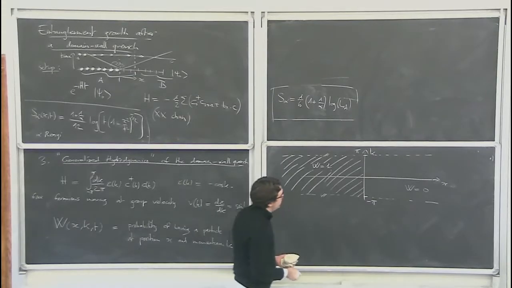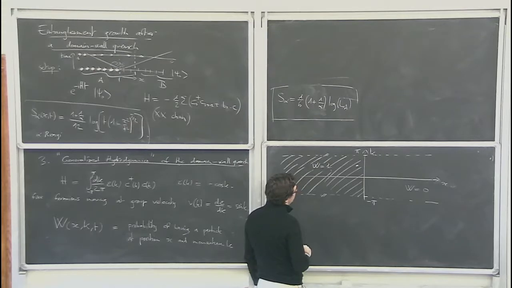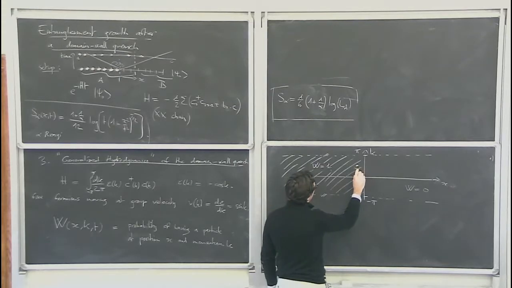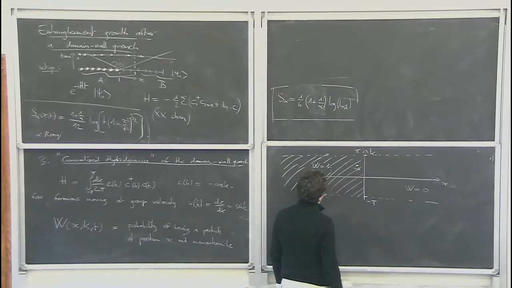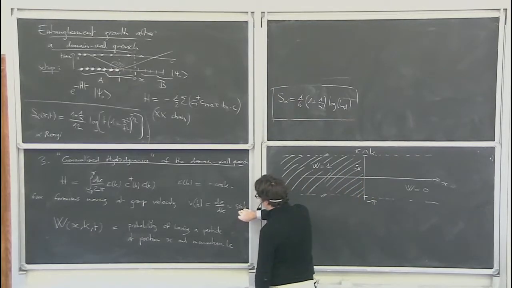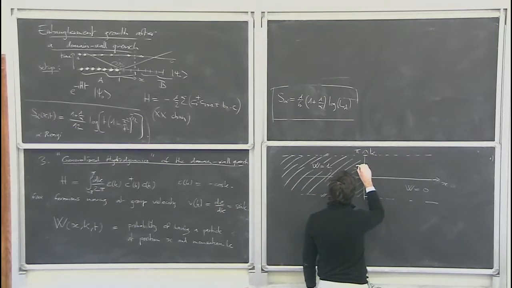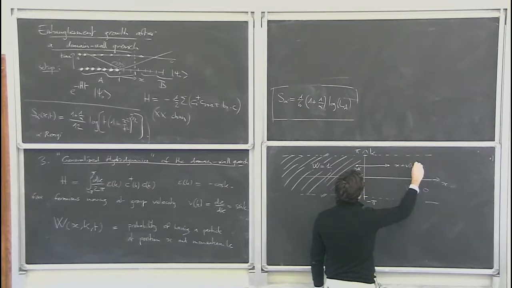But now, since these behave as free particles, if I have a particle that initially has a position x and momentum k, then it has to be moving at velocity sine k, or v of k, and so after time t, I will find it at position x plus v of k times t.